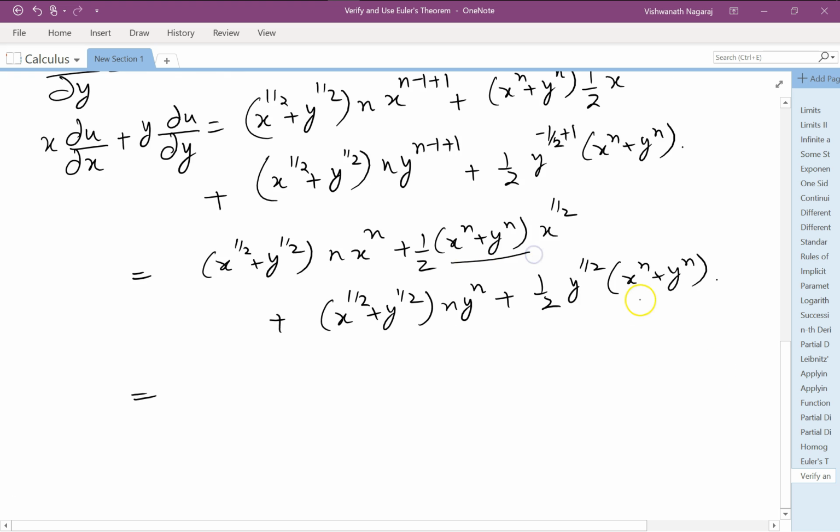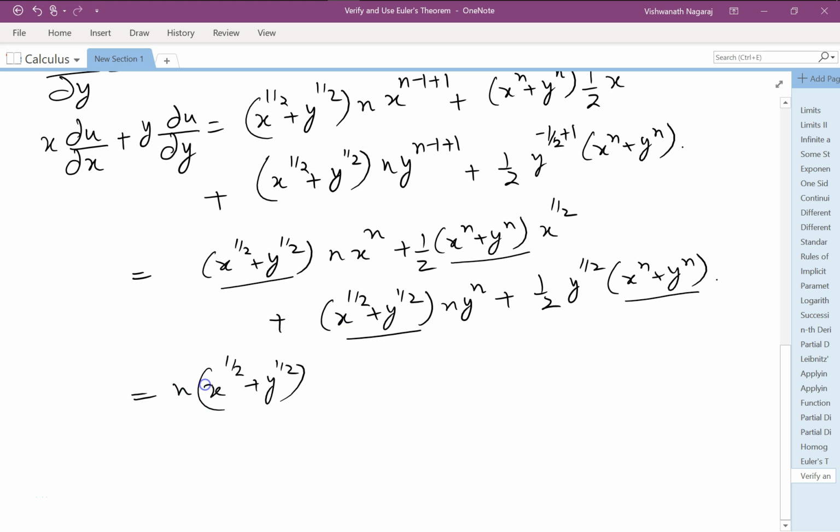Now this and this, let's take common. These two terms we will take common. So if we take x to the power of half plus y to the power of half, n is also common. So what is left? x to the power of n plus y to the power of n.